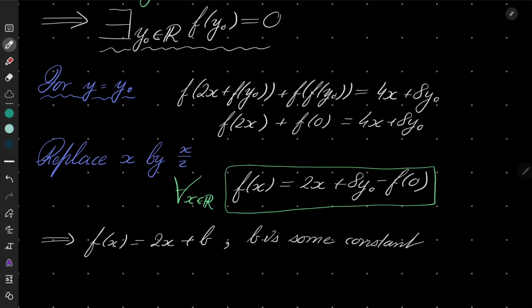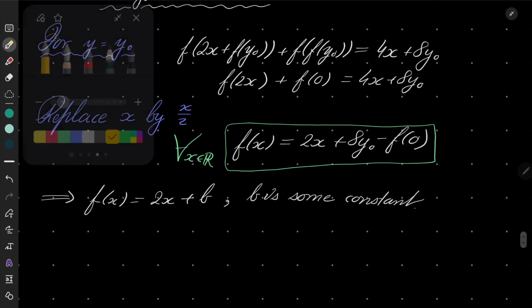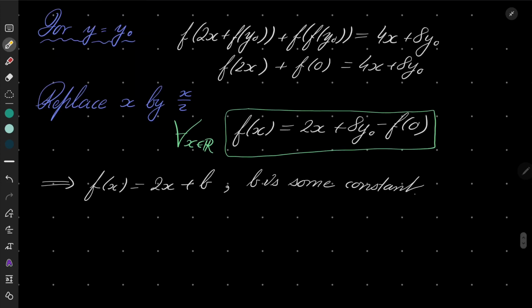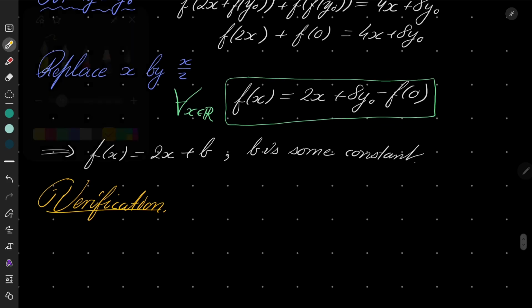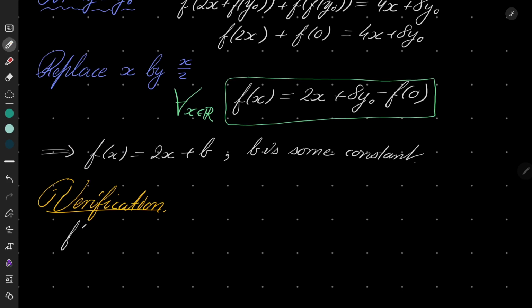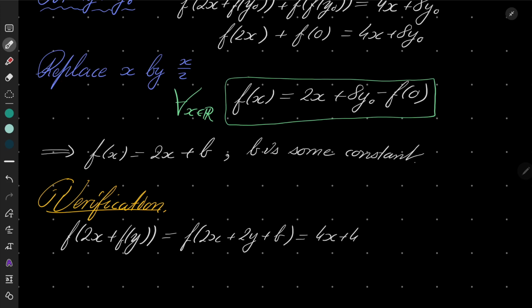Now what we have to do is to verify which values of b satisfy our equation. So let's do verification. On the left-hand side, we had f of (2x plus f of y), so it's f of 2x plus 2y plus b.